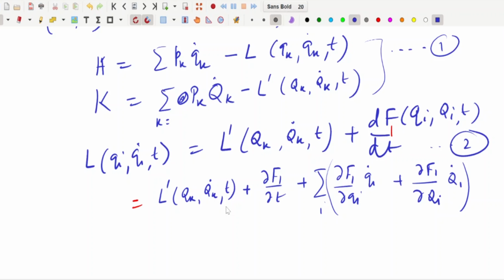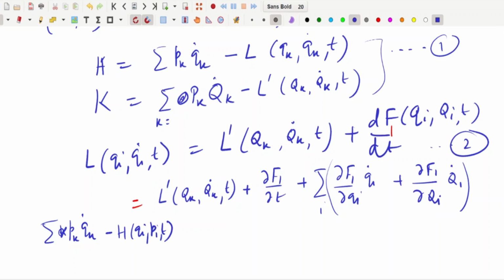What we can substitute is this: for L on the left side, we substitute the sum over k of small pk qk dot minus H of qi, pi and t.